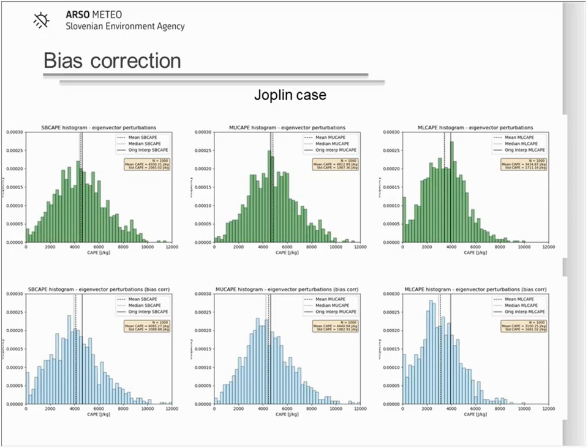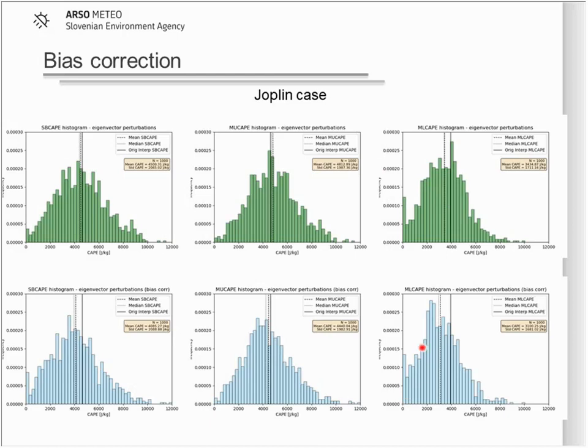Now, a comparison for the Joplin case: here you have the normal histograms of the perturbed case, and this is the histogram with the correction applied. It's a lot to see, but you can see that CAPEs in this case are a little bit lower, but for the surface-based CAPE and the most unstable CAPE there's no difference in the spread.